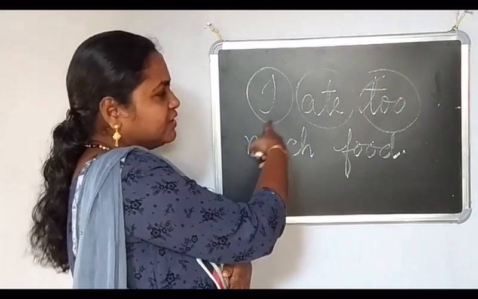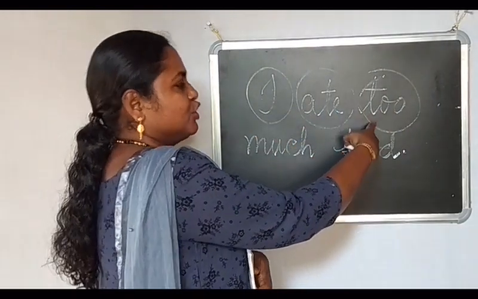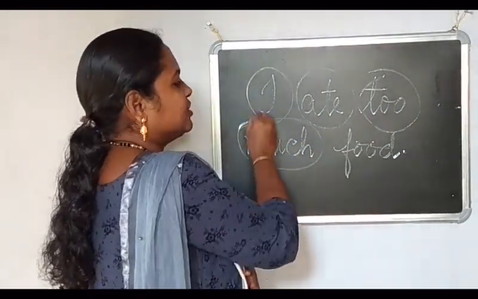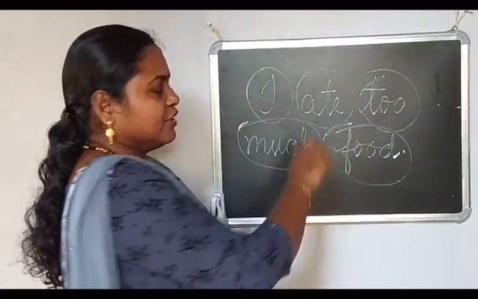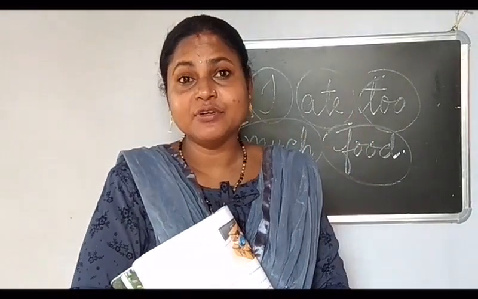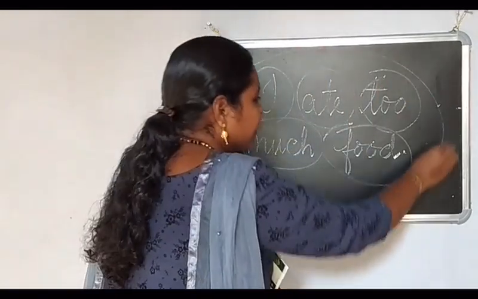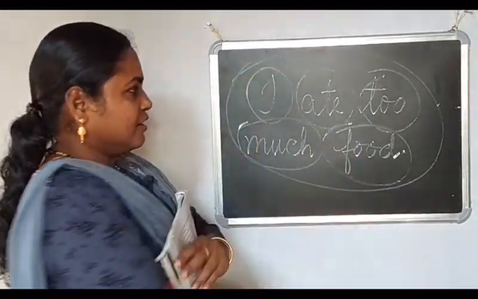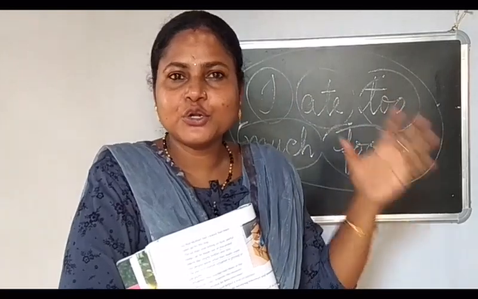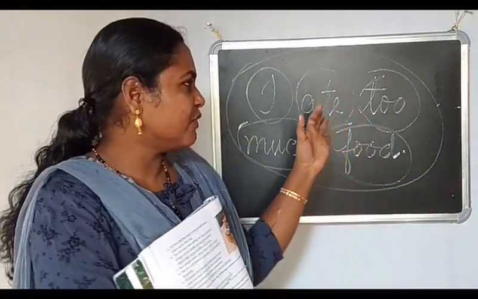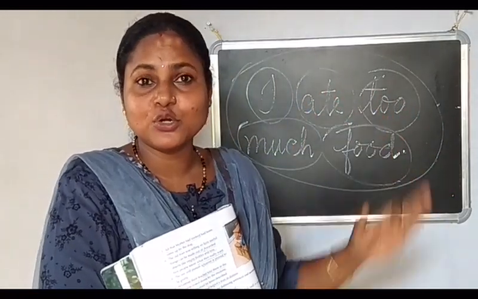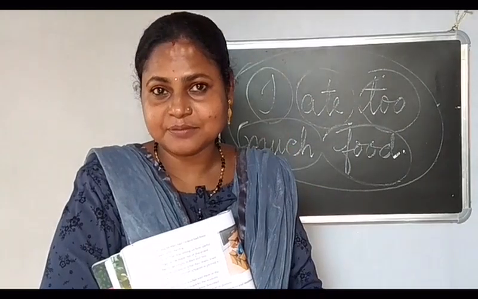I is one word, ate, too, much, food. Here all together we have 5 words, and all these 5 words we can call a group of words.